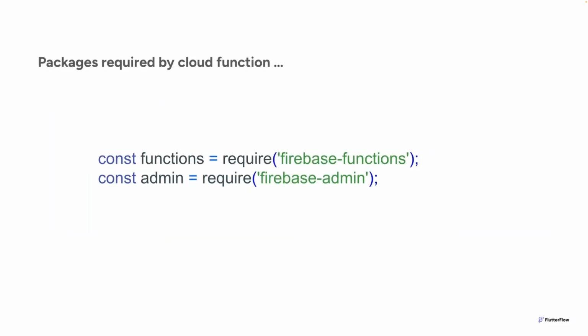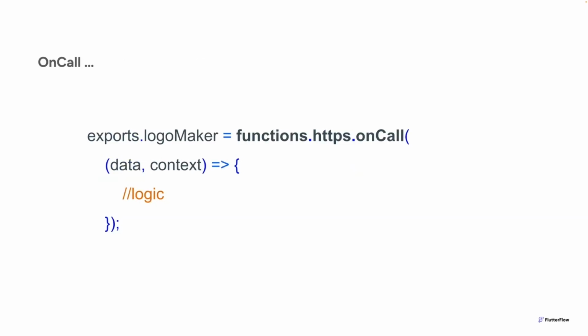Your functions typically require two packages: Firebase Functions and Firebase Admin SDK. In FlutterFlow, these packages and their initialization are automatically added. In many use cases, you may want to write your business logic in the Firebase Cloud Function, and when it's needed, call the function explicitly, which will trigger the function.